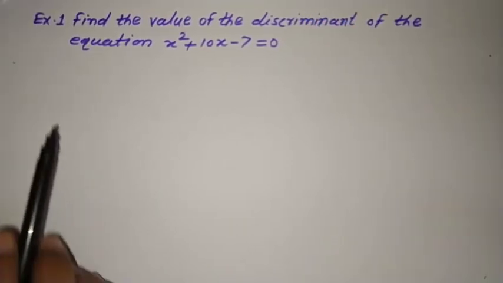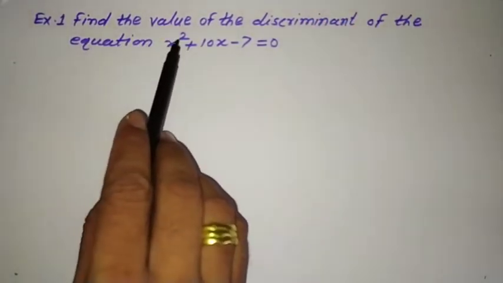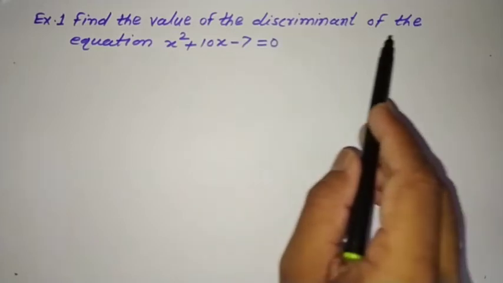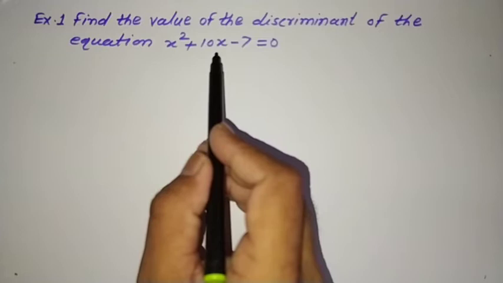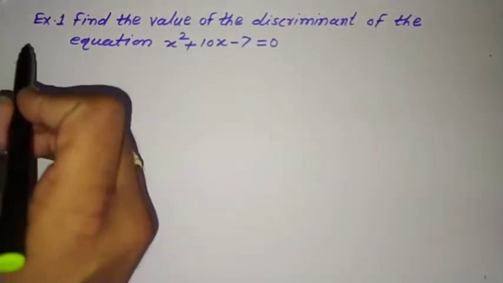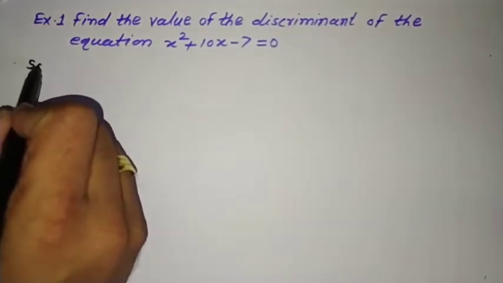Let's see example number 1. Find the value of discriminant of the equation x square plus 10x minus 7 is equal to 0. Solution.